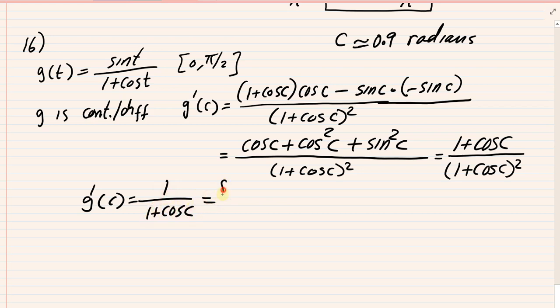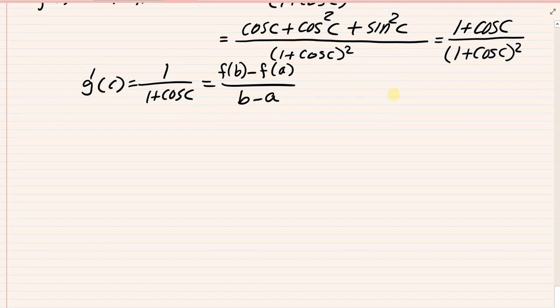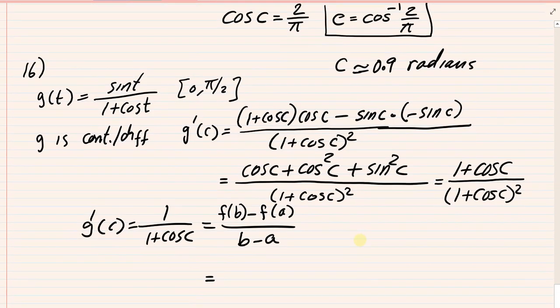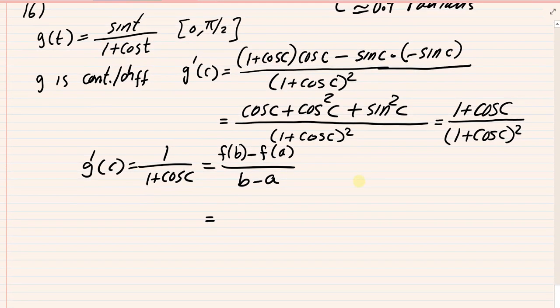And we're going to set it equal to f at b minus f at a over b minus a. Remember, for the mean value theorem, that's the slope of the secant line. In this case, our f is g, so let me correct that. The function is g, not f. So g at b, let's do g at pi over 2.